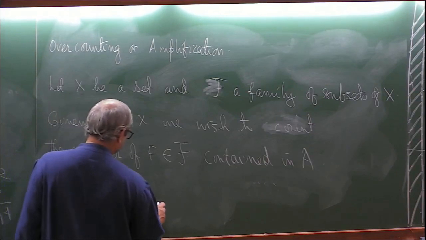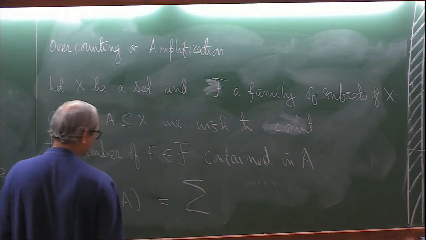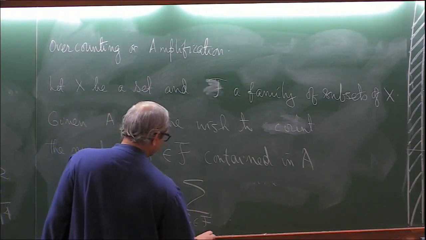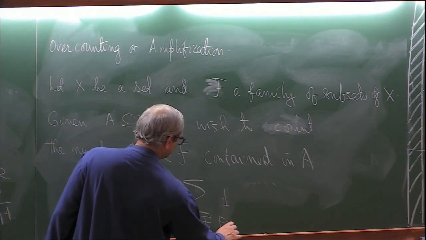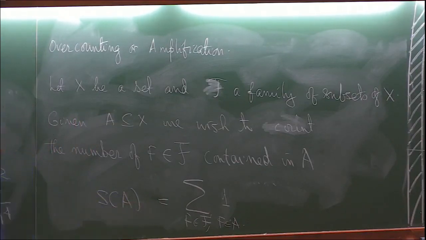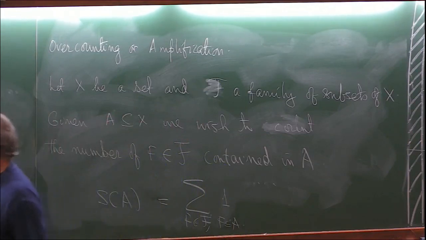We want to show that there are enough of them. So S_A equals the set of F in the family F with F contained in A. We would like a lower bound for this quantity S_A.